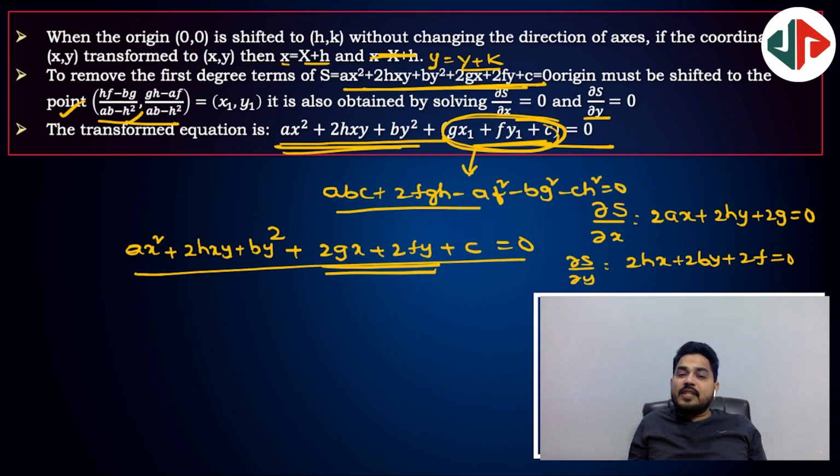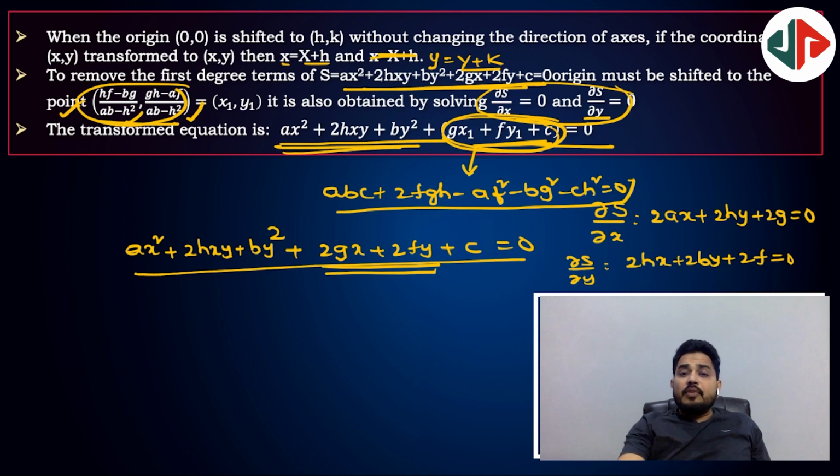This value is equal to 0, then it will be a pair of lines. So here you need to know where to shift the origin to eliminate linear terms. You can remember this formula straight away, or you can look at this one.